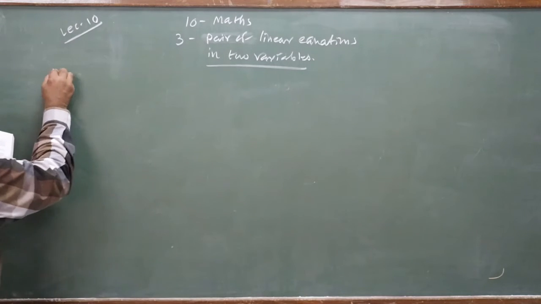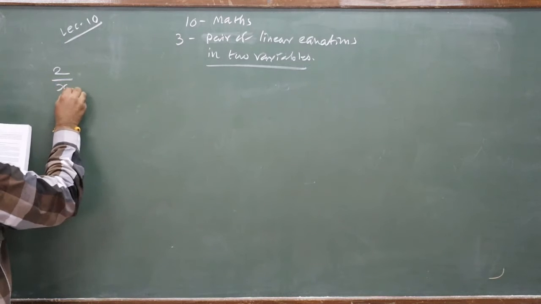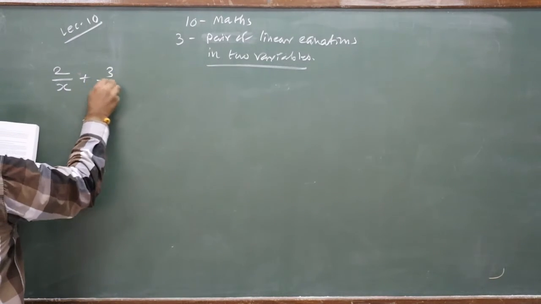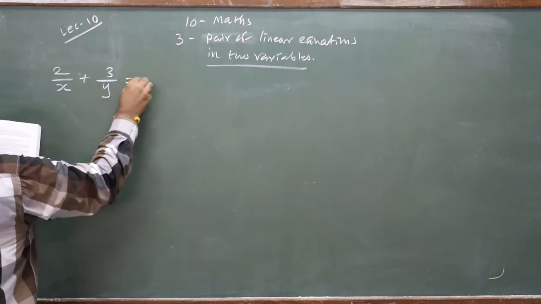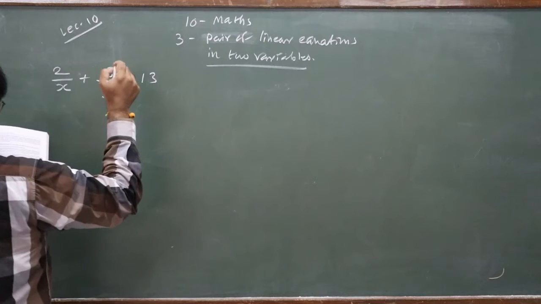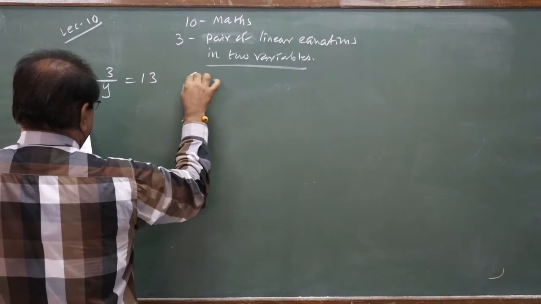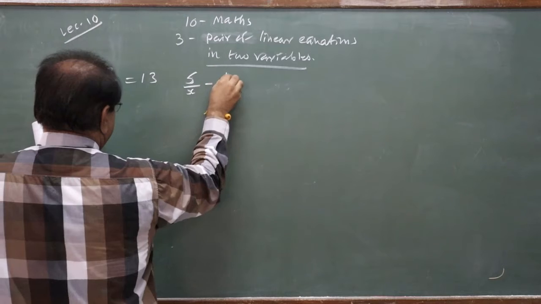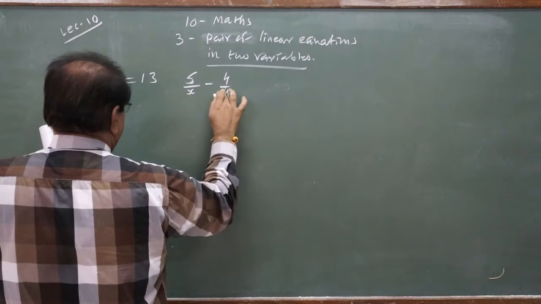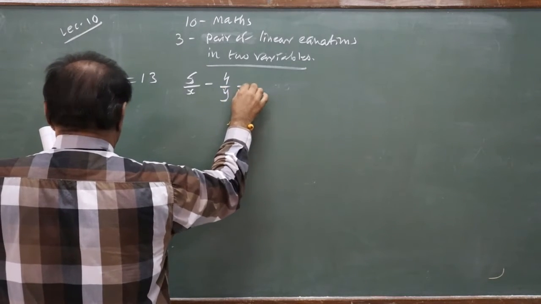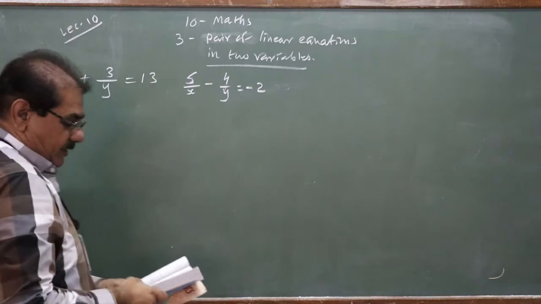It is this: 2 upon x plus 3 upon y is equal to 13. And second is 5 upon x minus 4 upon y is equal to minus 2.